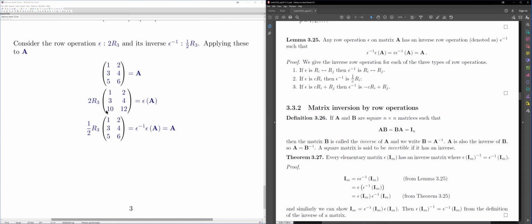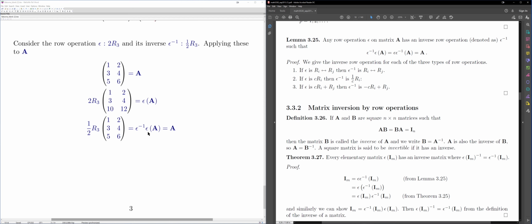And then I apply the inverse row operation, which I'm denoting by epsilon to the minus 1. The point is this epsilon to the minus 1 will cancel with this epsilon, reversing its effect. So it's as if it cancels, and you just get back your original matrix A.